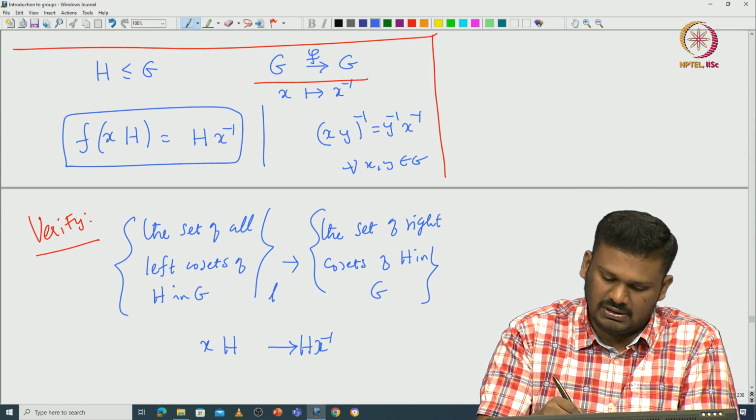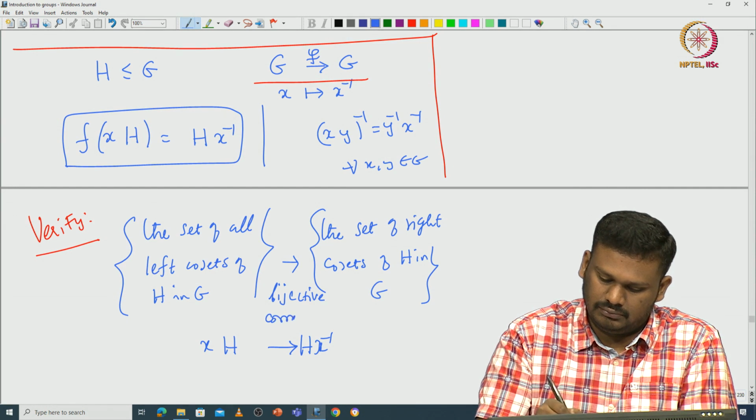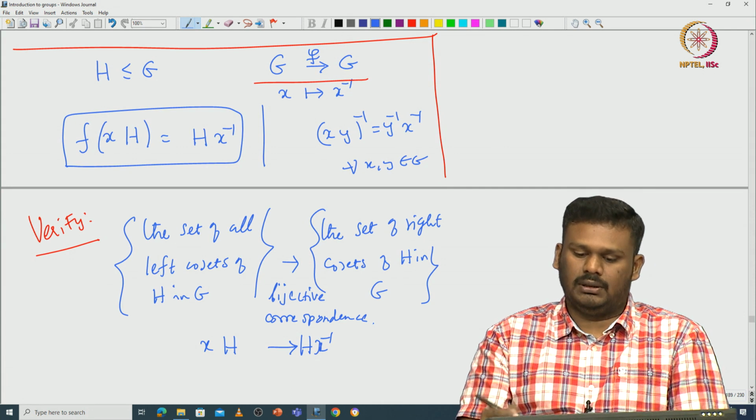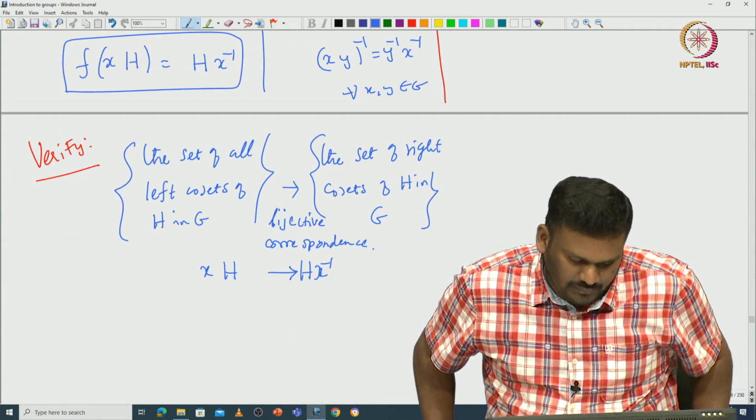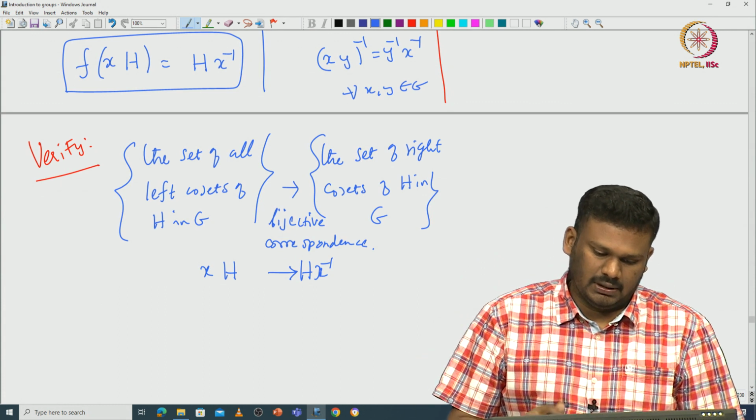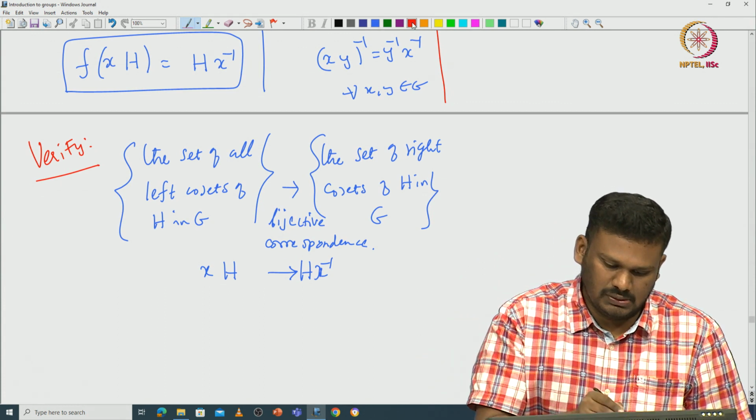This defines a natural bijective correspondence. So this is also one of the reasons that we can stick with only the left cosets. There is no issue with that.